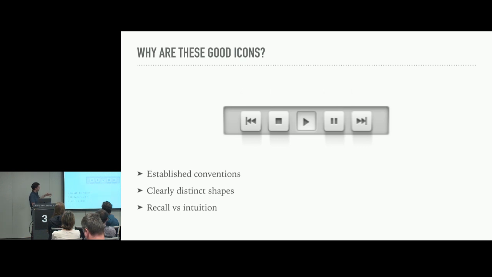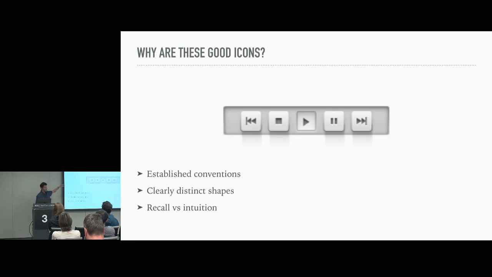Now, I say that these are based on established conventions, but of course, at some point, they were not an established convention. But I would still say they were good icons because the first person, say they used a Sony Walkman and didn't know what these buttons meant, they would click on these buttons and they would figure out over time what they mean. And the point of these icons afterwards is that they serve as a reminder. So you're thinking, what do I play with?